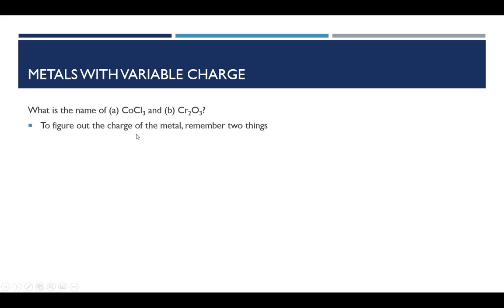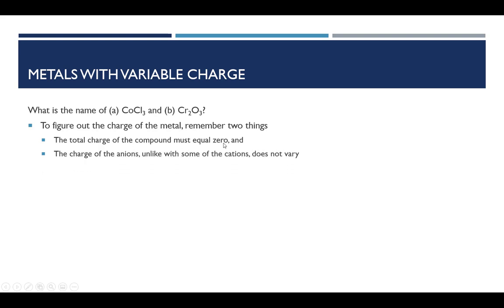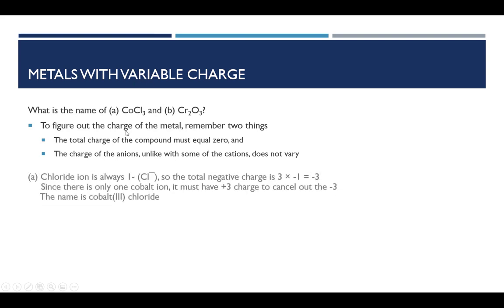So how do we do that? We need to remember the total charge of the compound must add up to 0, and very important, the charge of the anions never varies. It never changes. So by looking at the anion, we can always figure out the charge of the cation.